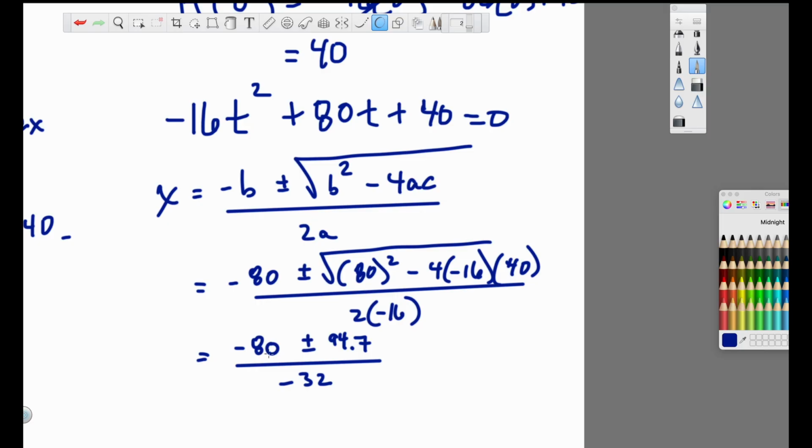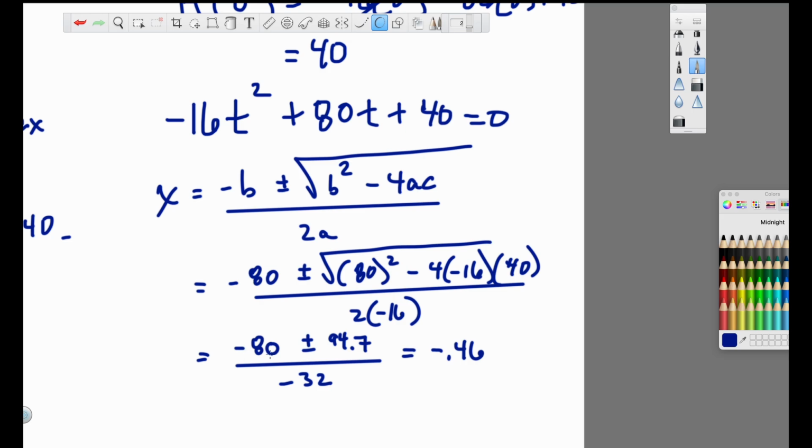So if I get negative 80 minus 94.7 divided by negative 32, that gives me negative 0.46.